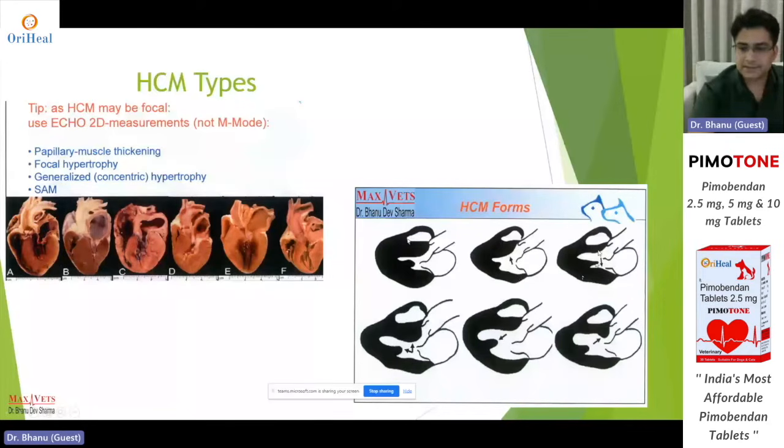Over here, only the papillary muscles seem to be thickened, and we would call it a papillary muscle thickening. Over here again, the papillary muscles are thickened. It is another form of focal hypertrophy. Over here, it is a concentric hypertrophy because the left ventricle is thickened throughout. It is diffusely thickened.